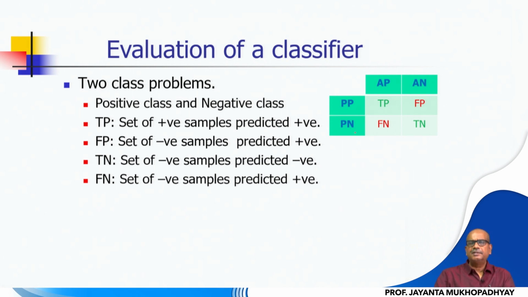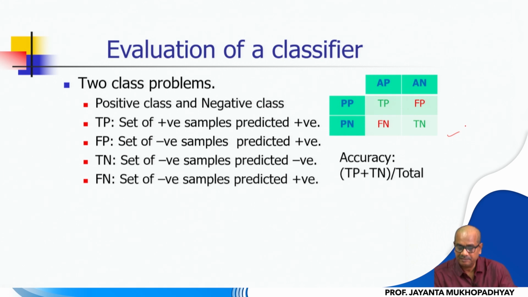False positive, on the other hand, means it is predicted positive, but actually it was a negative sample. So, the number of such samples is the false positive. Similarly, a true negative is predicted truly negative with respect to ground truth. And a false negative, once again, was a positive sample but predicted negative. So, the numbers can be shown in the form of this matrix, which we sometimes call the confusion matrix.